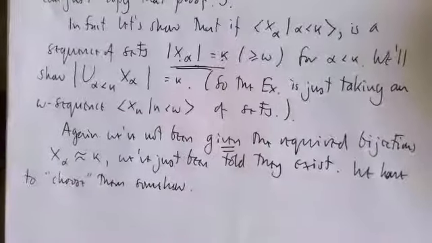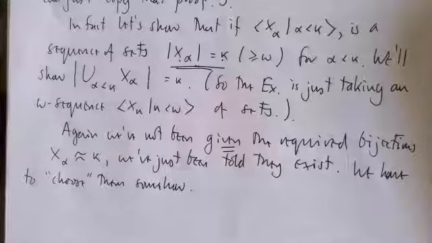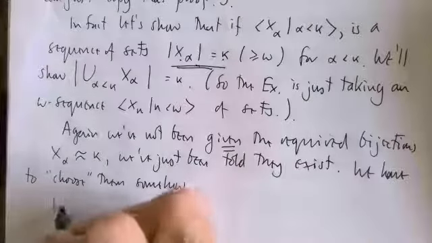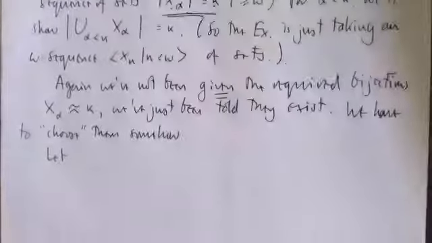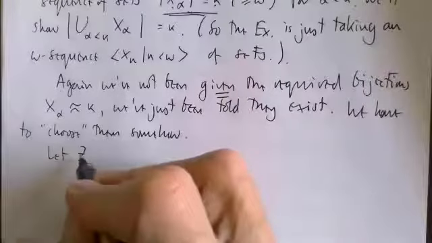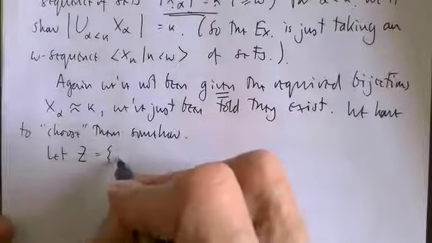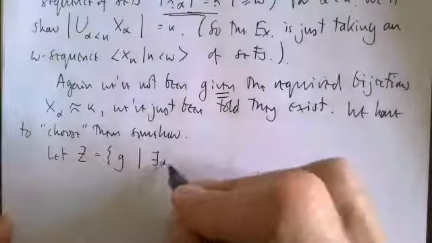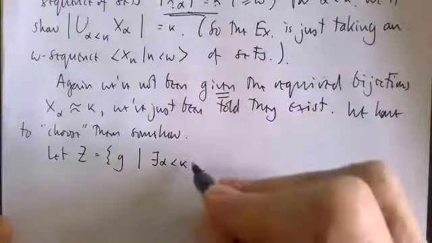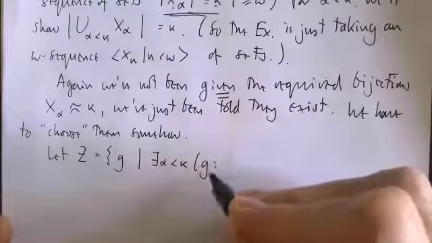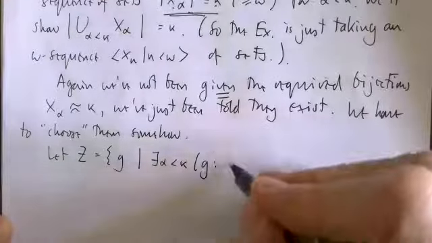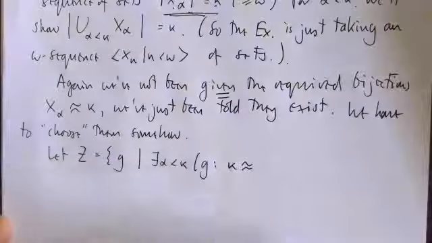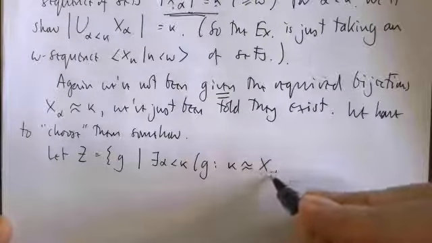And that was where the well-ordering principle came in. So taking the notation from before, now I'll let Z be the collection of possible bijections G, where G takes kappa bijectively to X alpha.